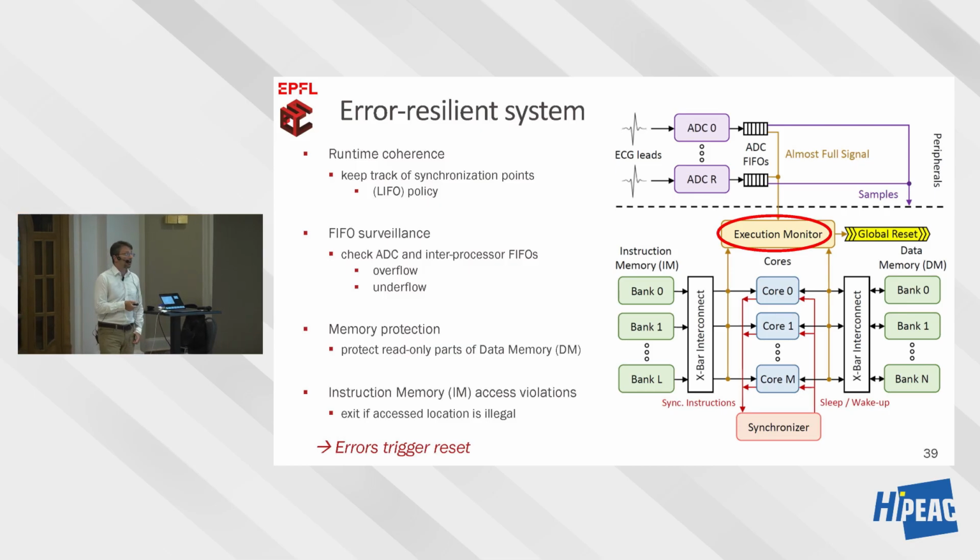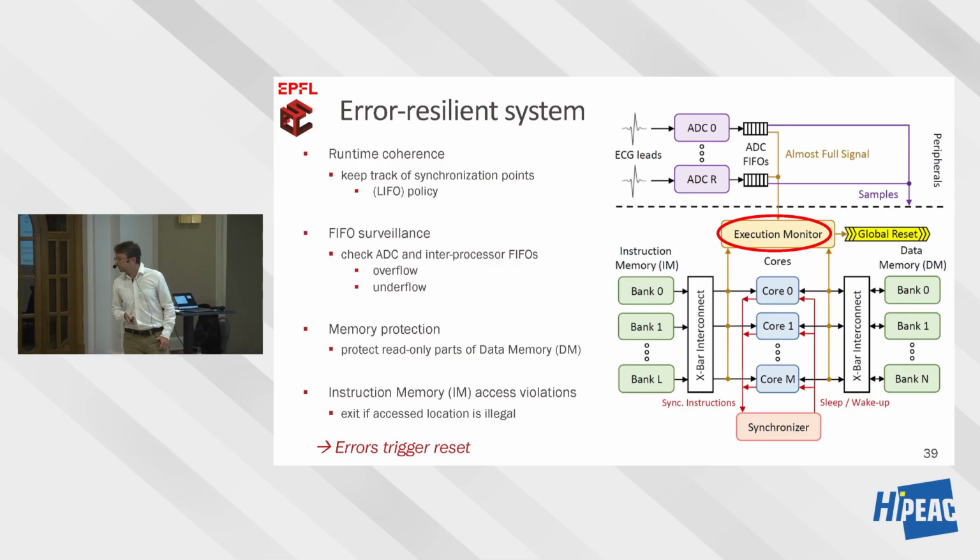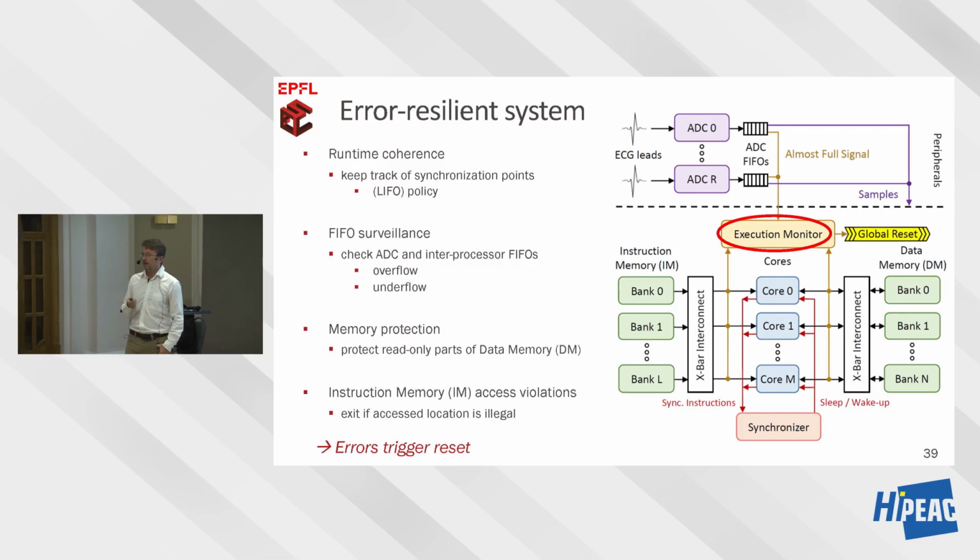And it turns out that this amount of hardware is pretty small. What we have to do is to keep track of synchronization points. If a processor tries to desynchronize from a branch which was never taken, it means that we had a pretty bad bit flip and we just jumped to a random location in memory.